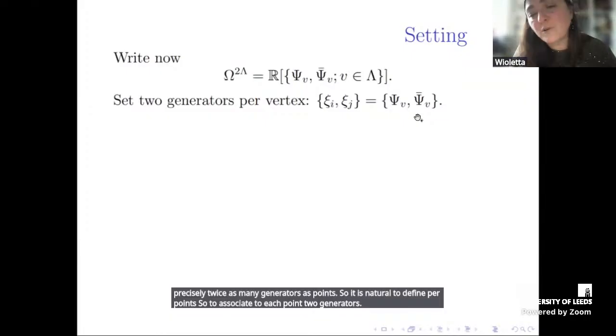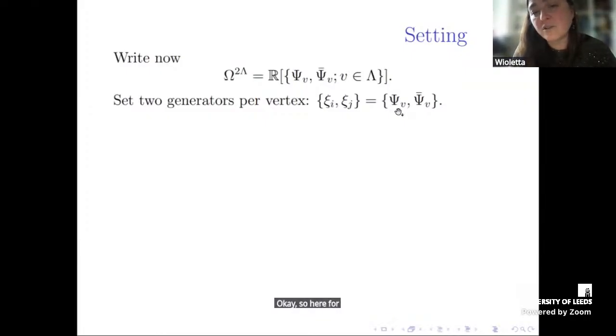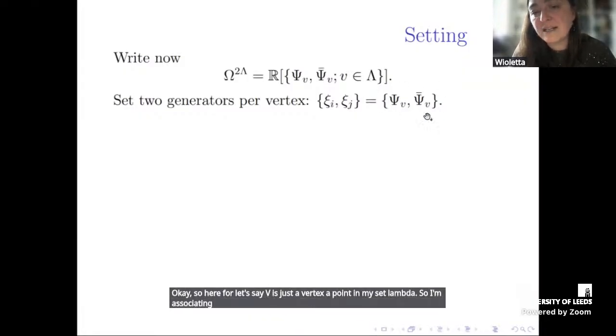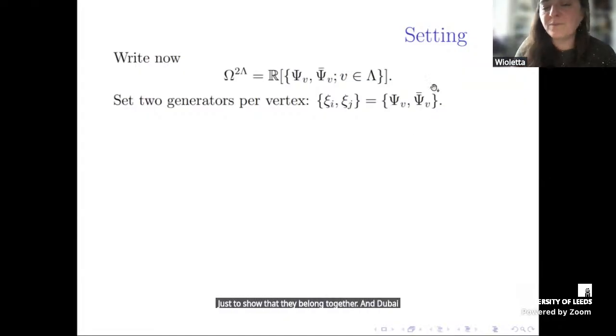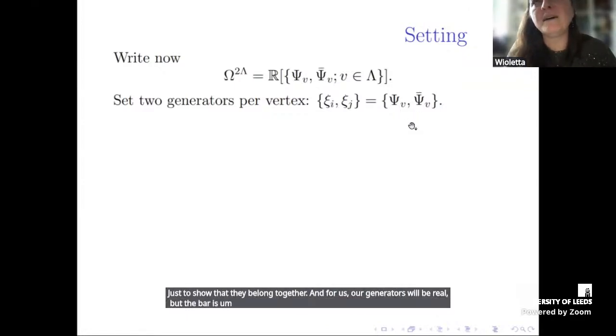Here, v is just a vertex, a point in my set lambda. I'm associating to it 2 generators, which before I called xi i, xi j, but I want to call them now psi, psi bar, just to show that they belong together. Our generators will be real, but the bar is mimicking something like complex conjugate in some sense. That's why the notation came about.